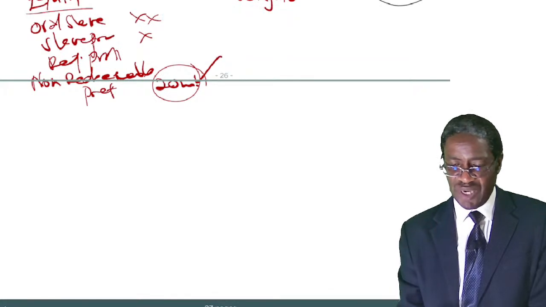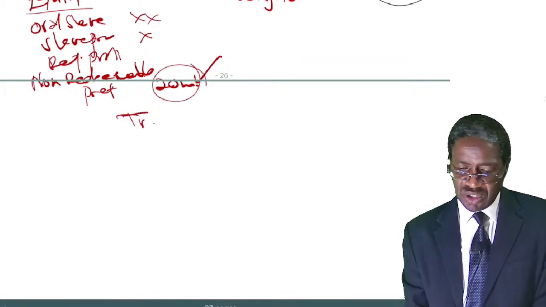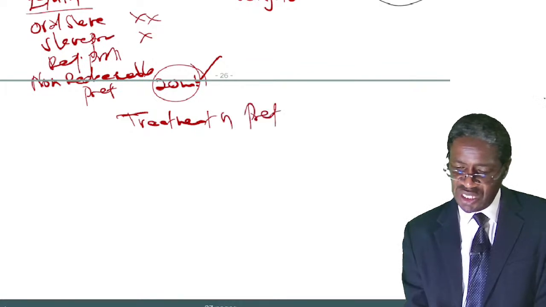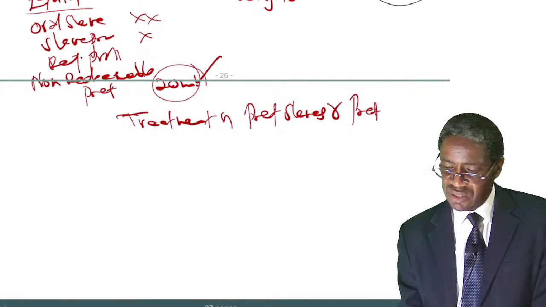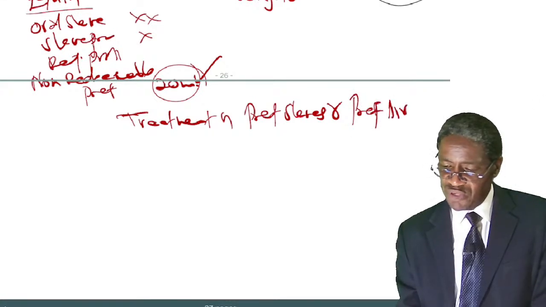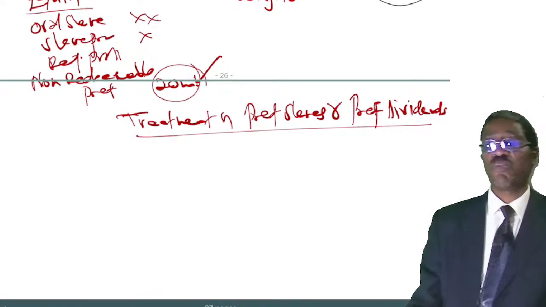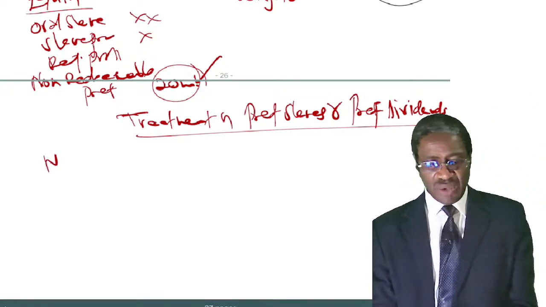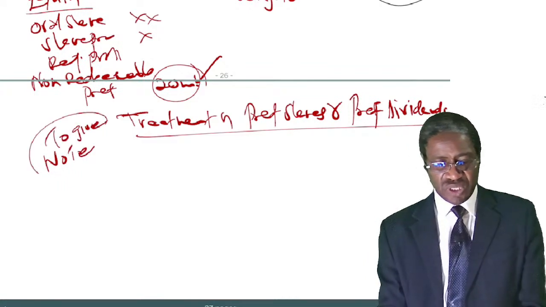Just put down the subheading: treatment of preference shares and preference dividends. That's what I'll discuss and put down as the notes next time.